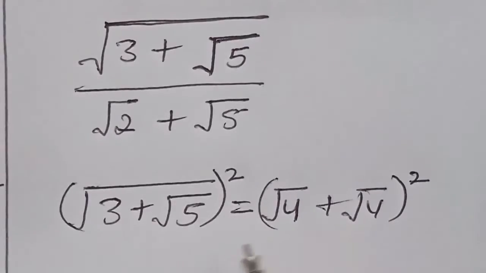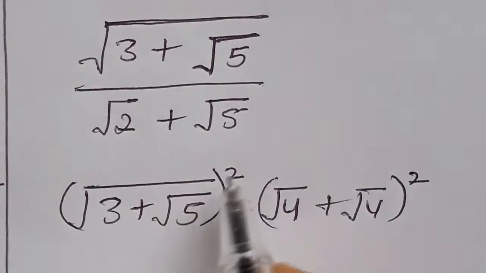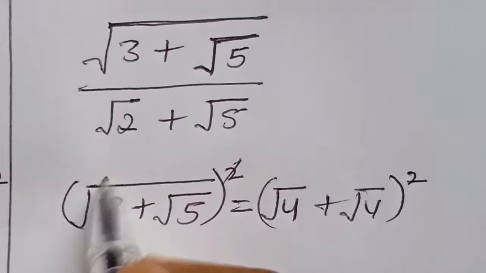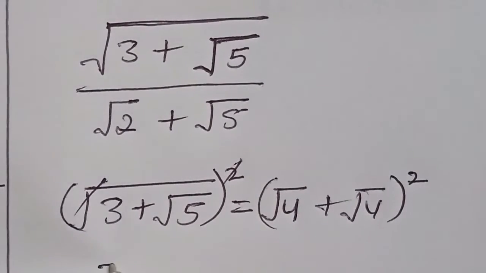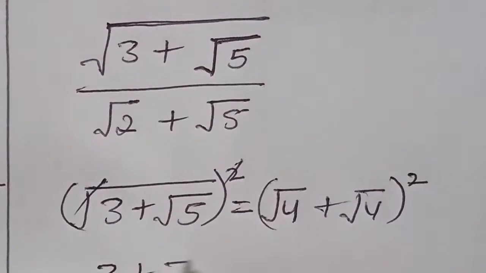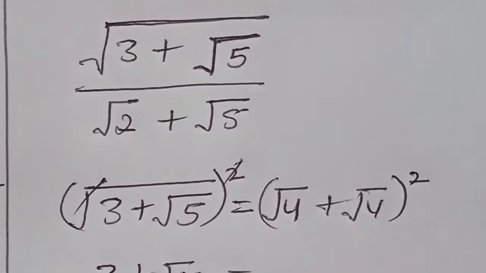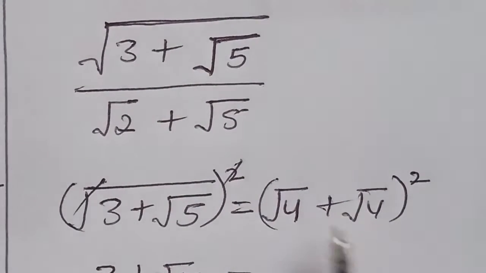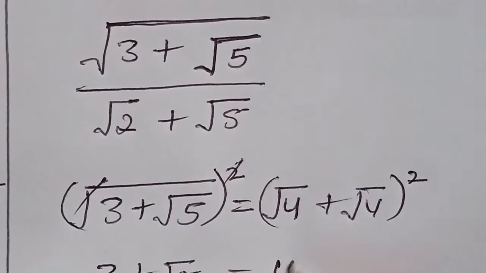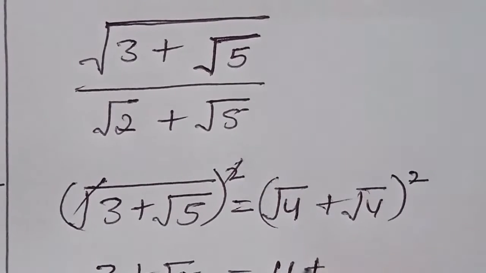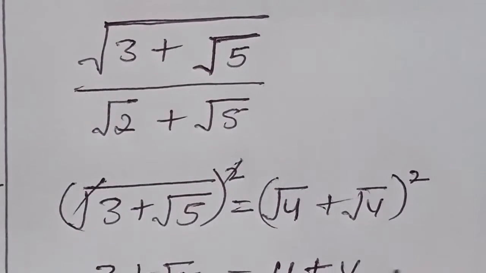If we square both sides, the square and root cancel out each other. We have 3 plus square root of 5 will now be equal to the expansion of the right hand side. If we expand this, we have u plus v plus 2 square root of uv.